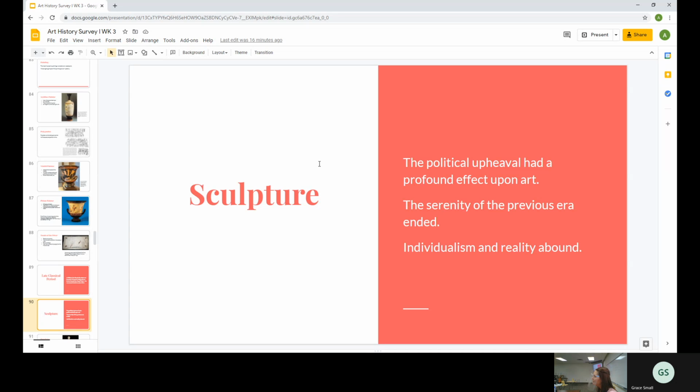But yeah, politics and religion generally are two big things that have a profound effect upon art that's being made. Meaning, what happens? Well, for one, the severe style or the serene facial expressions of the early classical period go bye-bye, and people start exuding emotion.